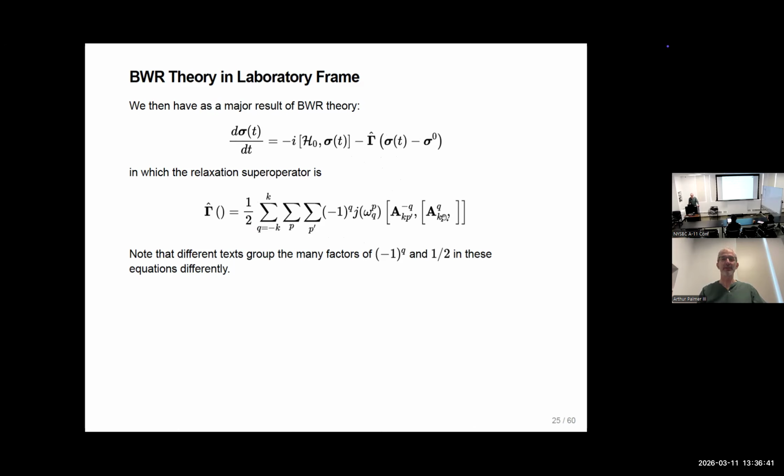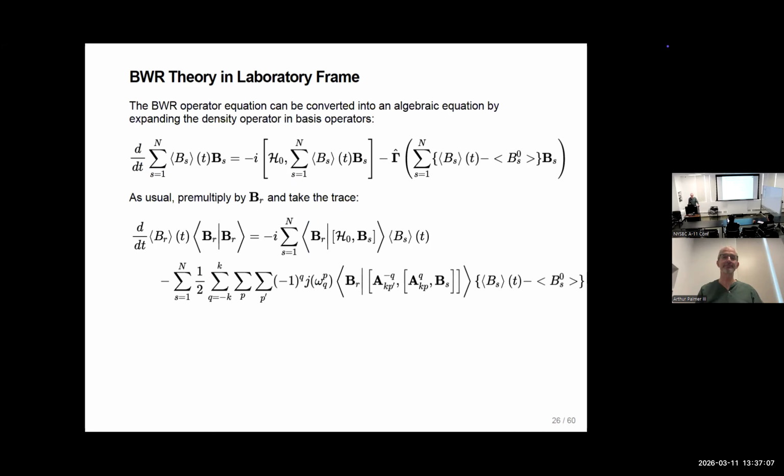A good thing for you is these double commutators have all been worked out by generations of graduate students before you. So unless you want to do some just to see how it works, your main interest is going to be what's the power spectral density function given what I know about my molecule or what I would like to learn about my molecule.